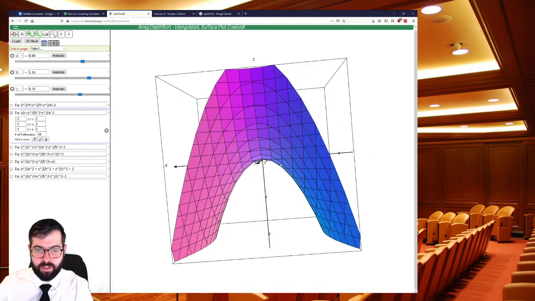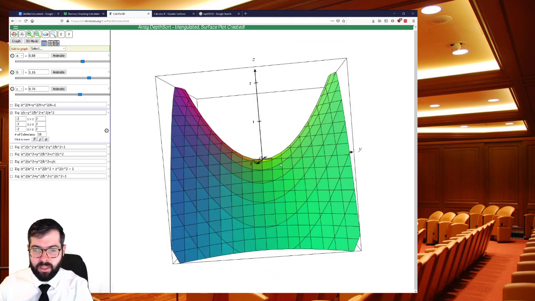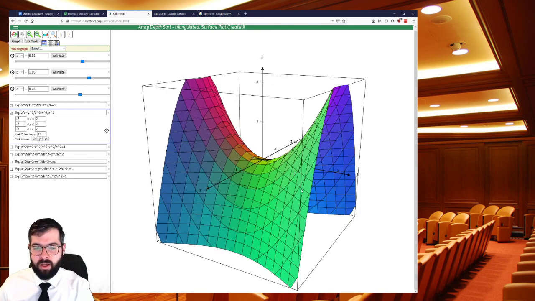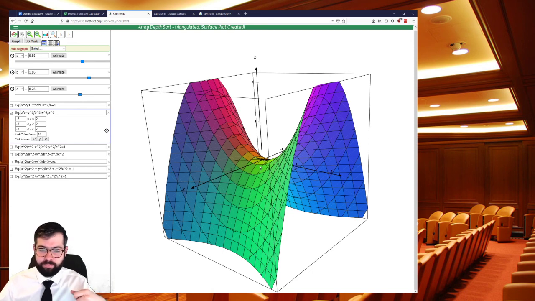If I look at it from this direction, it's the vertex of these parabolas. Looks like it's the highest point, but if I look at it from this direction, it's really a minimum. And so this is why that notion of a derivative along just one axis, or the idea of slope, breaks down, because it looks like it's increasing to a max if I'm walking in this direction, but along these paths, it's a minimum.